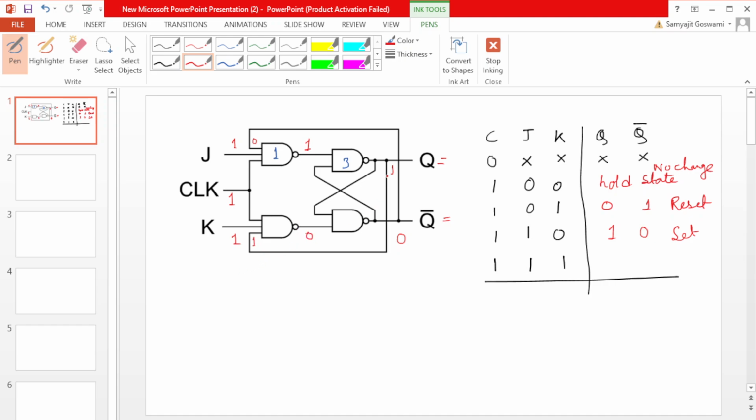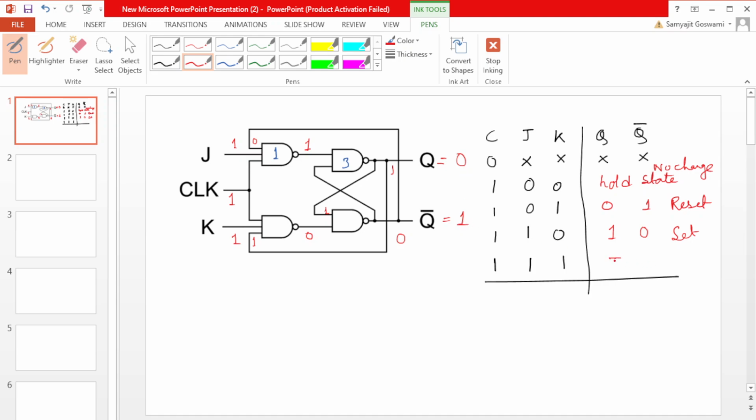Then this 1 comes here, 1 0 means it will come 1, and this 1 will go here, 1 1 means 0. So previously it was 1 0, now it will come 0 1.